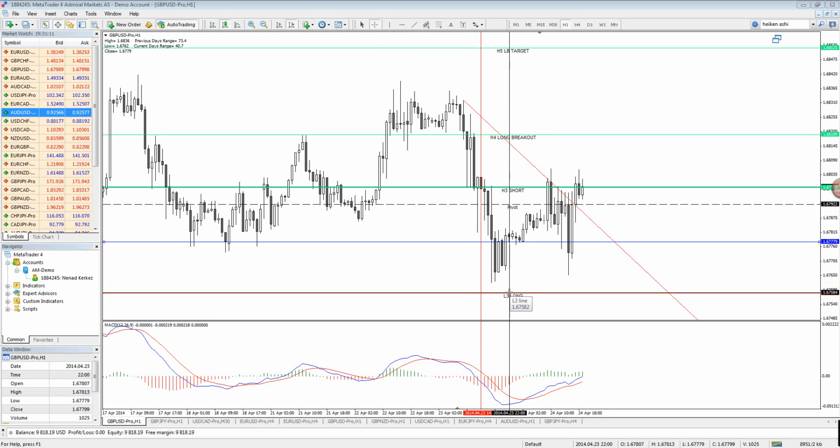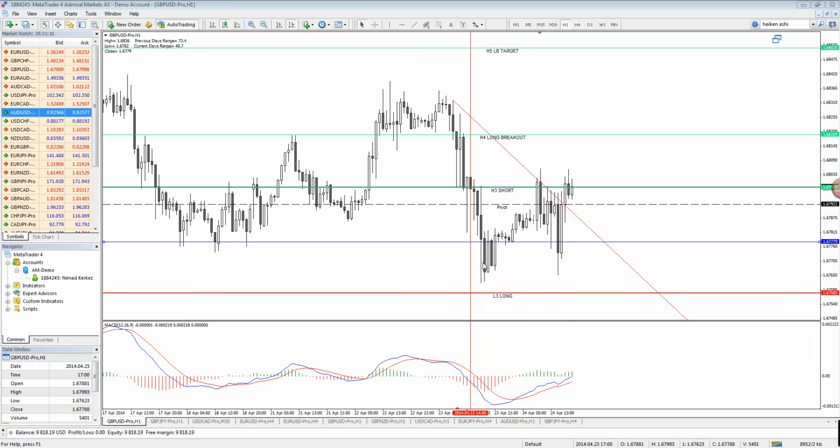Daily pivot point is actually more important than the last swing low and last swing high. Why? Because a daily pivot point, or whatever pivot point it is, has more history in it than the previous swing lows and swing highs.